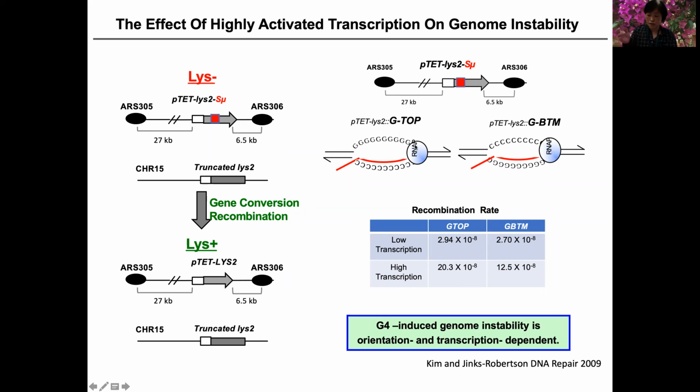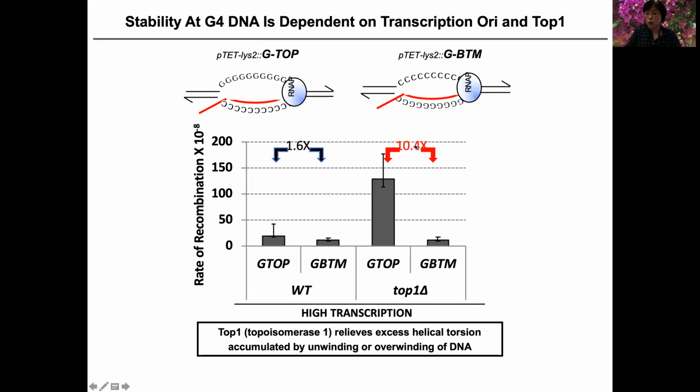So here is a very simple example, TOP1. TOP1 is a topoisomerase that relieves excess helical torsion accumulated by unwinding or overwinding of DNA. When TOP1 is deleted, compared to wild type, there is a change in recombination rate for the G-top orientation only, but there is no change in recombination for G-bottom.